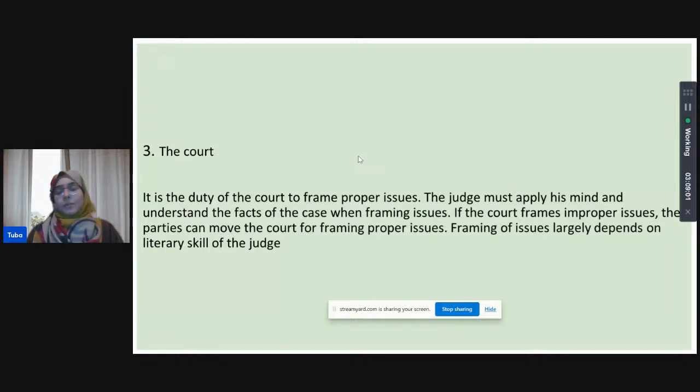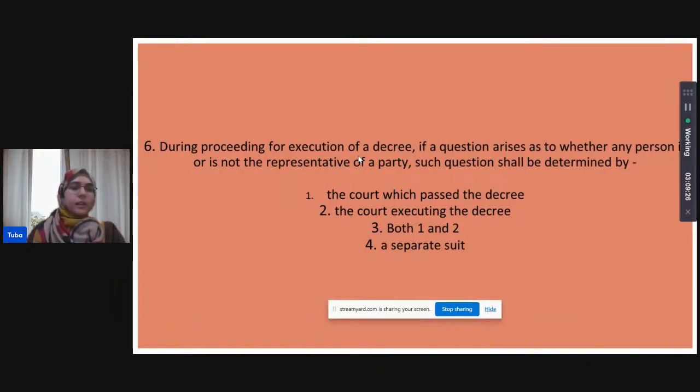In many instances we see that a lower court is framing the issues improperly, and then another court steps in, whether it goes up for appeal or for revision, or whatever it may be. It is examined whether the previous court framed the issues properly or not, and it is within the correct working of the court to frame issues correctly. Next question.